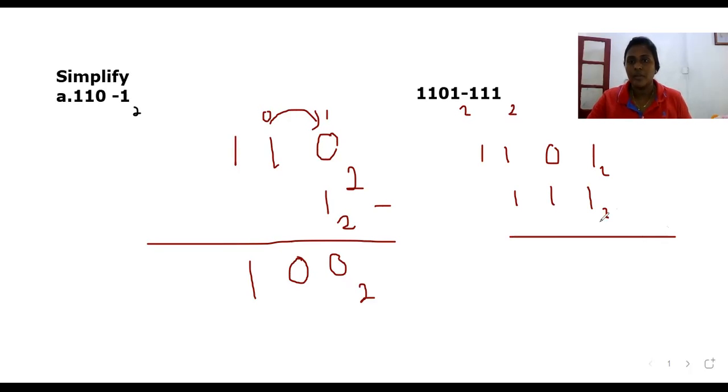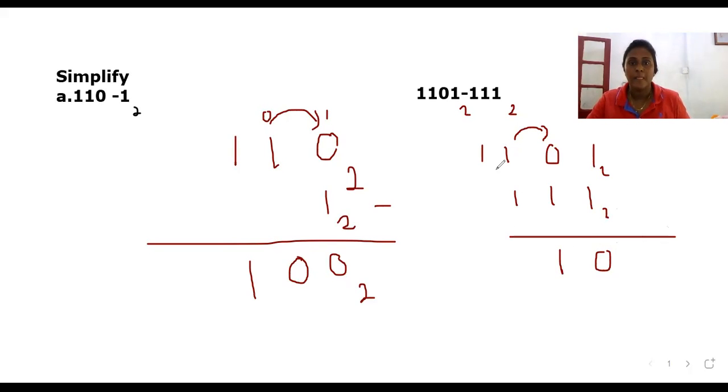Right? 1 minus 1, 0. Now here 0. Then you borrow from this. Then from this 2 coming 1. Right? Once you borrow 1, it's coming 2. You want to remember that way. Once you borrow 1, it is 2. Then 2 minus 1, 1.